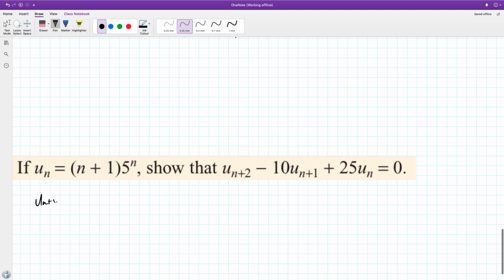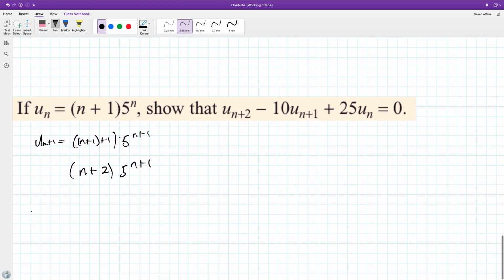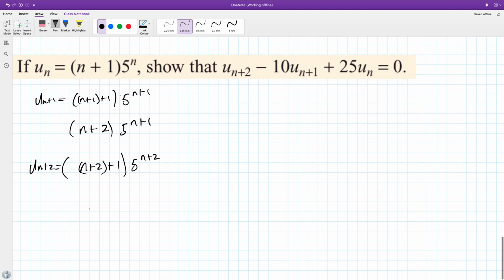So that's u n plus 1 is equal to n plus 1 times 5 to the power of n plus 1. That is n plus 2 times 5 to the power of n plus 1. And we also need u n plus 2. That is n plus 2 plus 1 by 5 to the power of n plus 2, which is n plus 3 by 5 to the power of n plus 2.